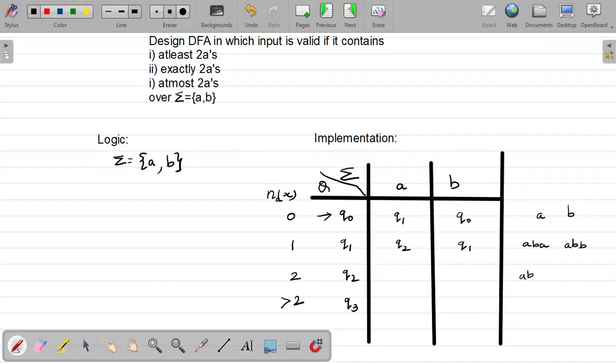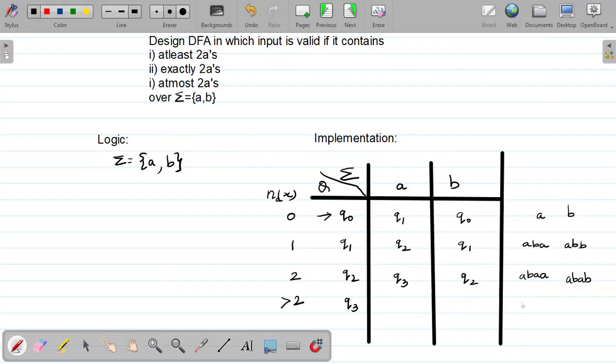Suppose we have a, b, a and another a comes in: it has become more than 2, given by the state Q3. If instead a, b, a is followed by b, the number of a's remains 2, so we write Q2.